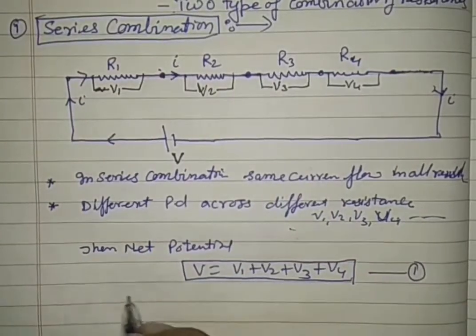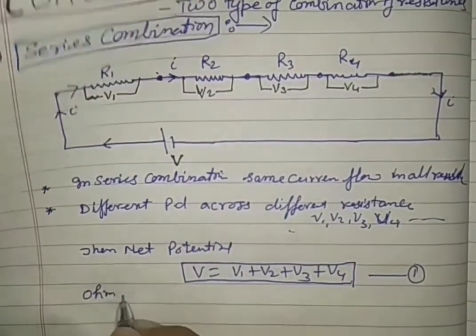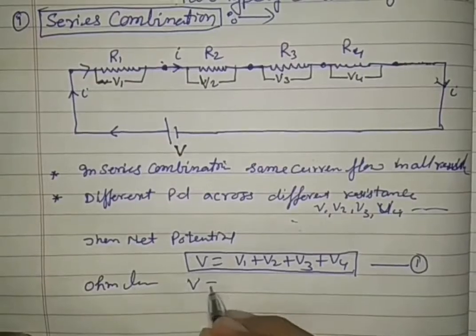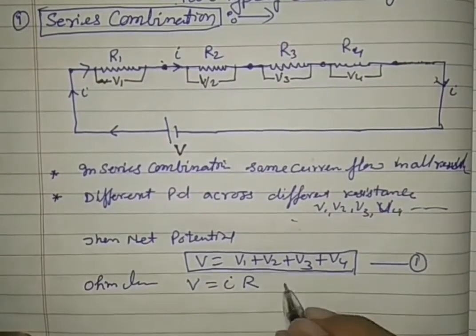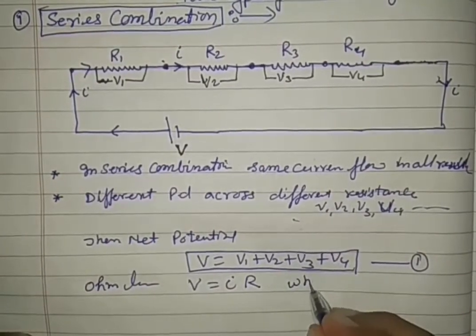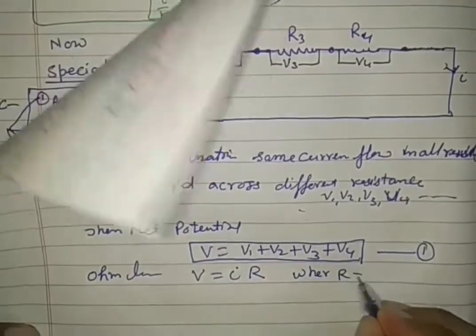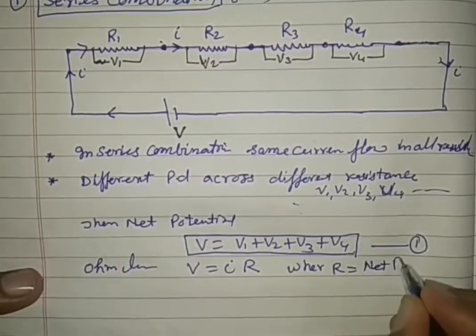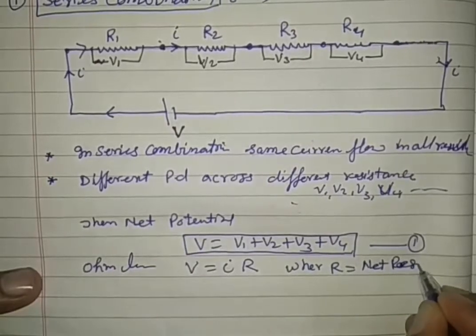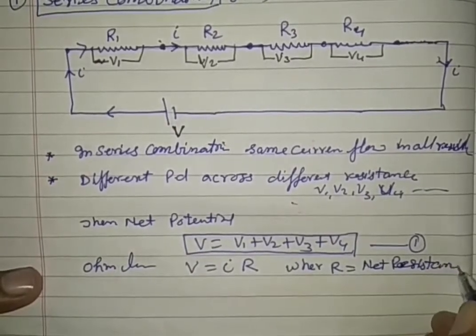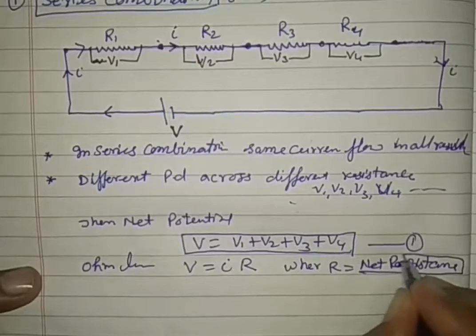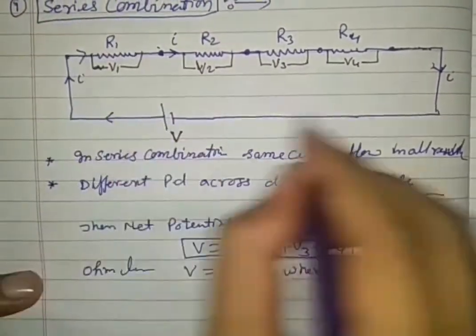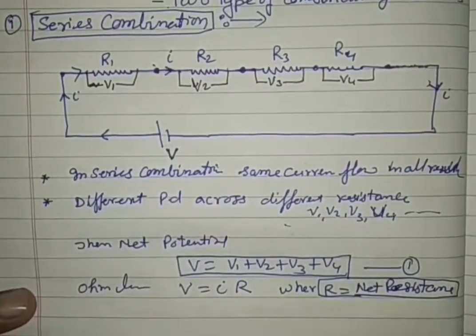Now, by Ohm's law, V is equal to IR, where R is the net resistance, or equivalent resistance, or total resistance of all of these.